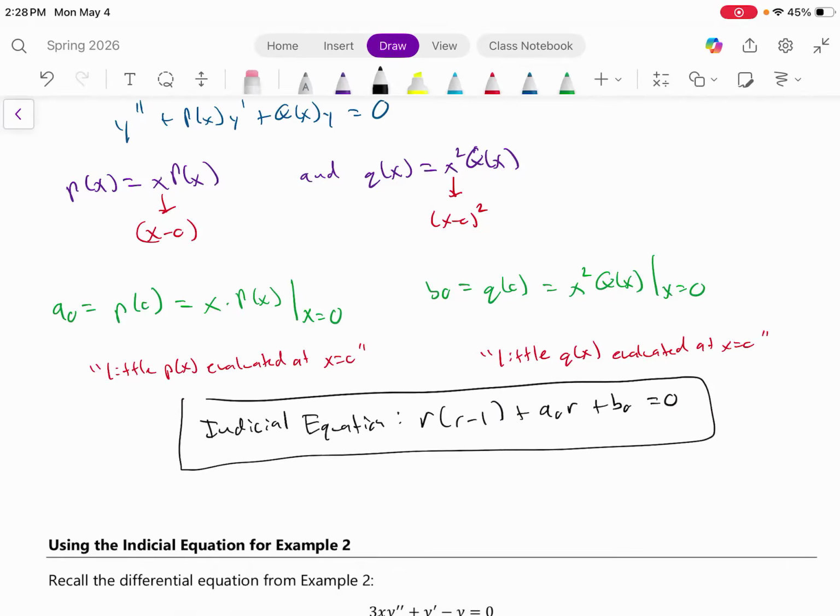That's our indicial equation, and this allows us to solve for r. It becomes a quadratic equation or some type of equation that sets us up to find the roots for r. Sometimes r is 0, sometimes it's an actual number, but this is what we work with.